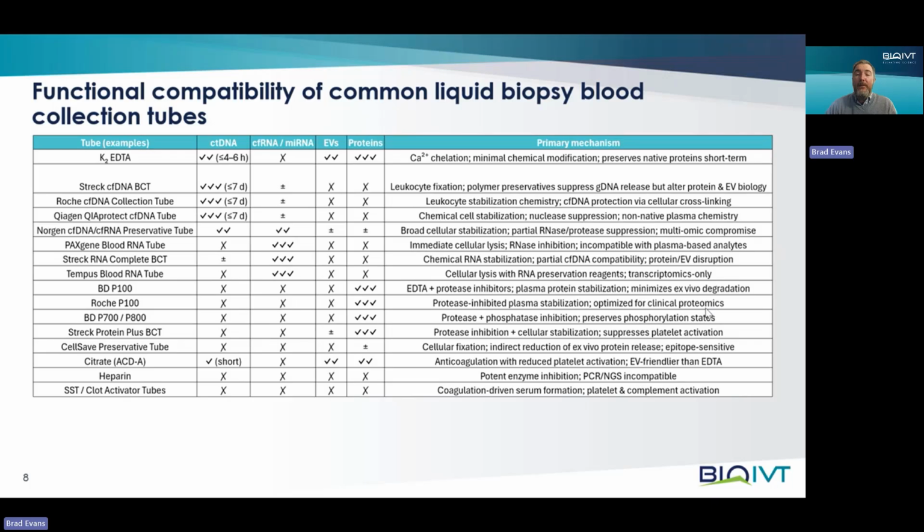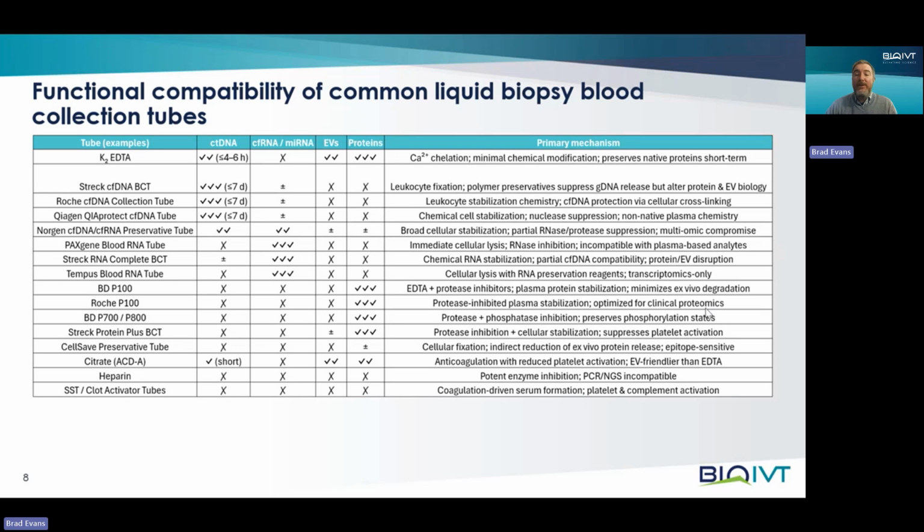Then at the bottom are protein-focused tubes like BD P100, Roche P100, and BD P700 or P800. These contain protease and sometimes phosphatase inhibitors to preserve protein structure and phosphorylation states, but they are not designed for nucleic acid workflows. So the message here is simple. Tubes are not interchangeable.